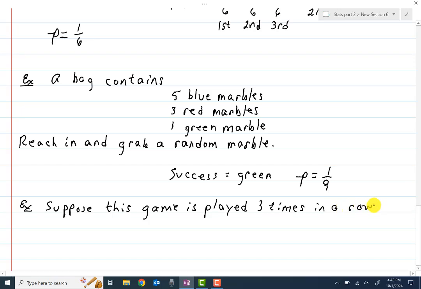And not only that, we're putting the marble back, so I'm going to call it with replacement. If you recall, that means that each time you play the game, it's back to its starting state. That's how we maintain the independence of the individual trials.